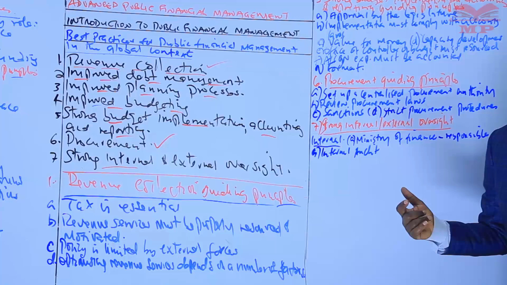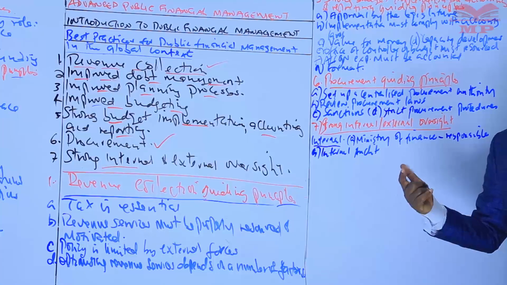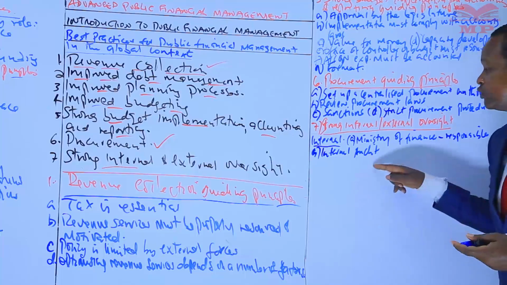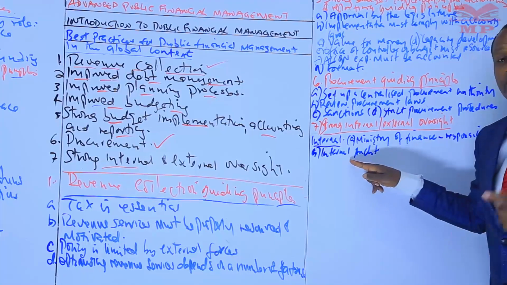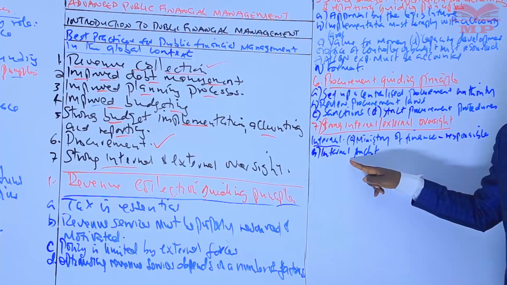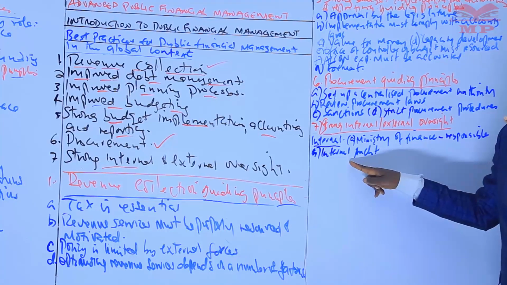It must comply with the generally accepted auditing standards. These are standards with regard to the staffing of the internal audit department, the planning of the internal audit, and reporting of the internal audit.